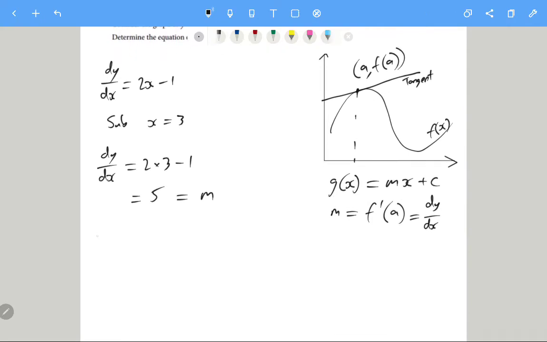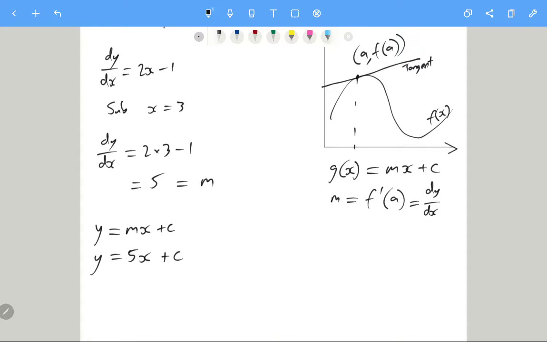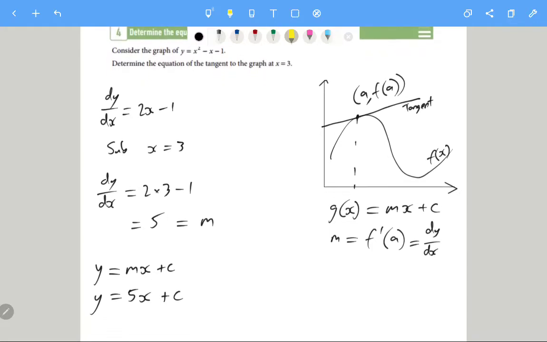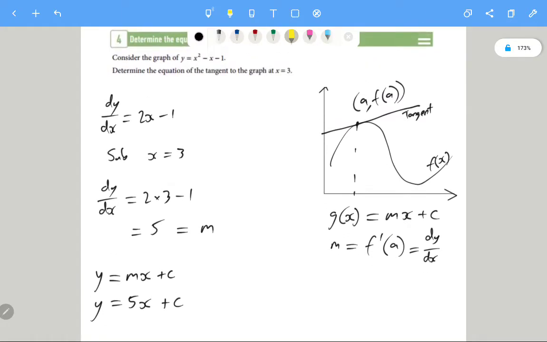So our tangent function, let's call it y is equal to mx plus c. The m value is going to be 5. So what's the only information we need left? Well, for it to be a completed linear function, we need a plus c, so we need to find the y-intercept. Now, we need to substitute in a point that we know. We know it passes through the point x equals 3.